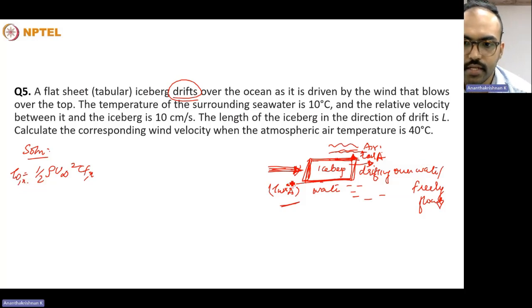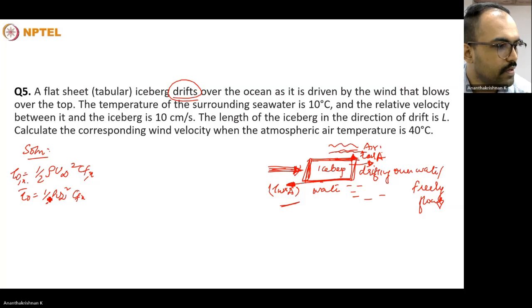The average shear stress can be denoted by tau bar. So if you get this CFx, you can calculate the shear stress, and the average shear stress is equal to half rho u infinity squared, CFx integrated from 0 to L dx divided by L.